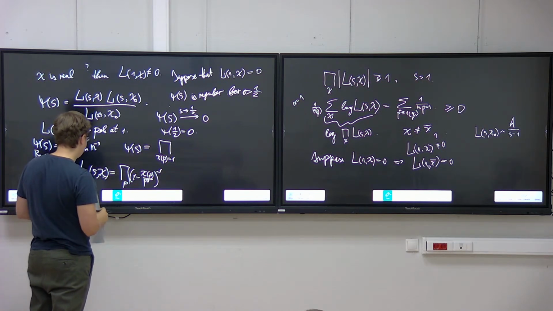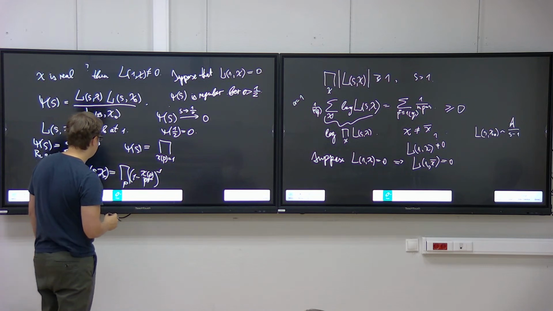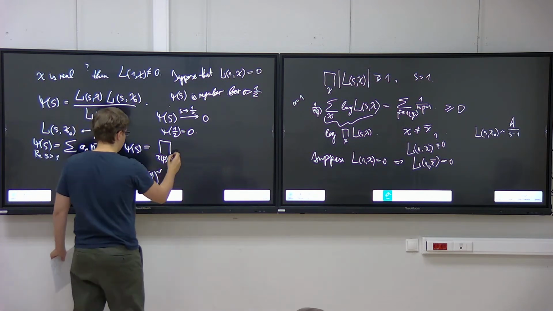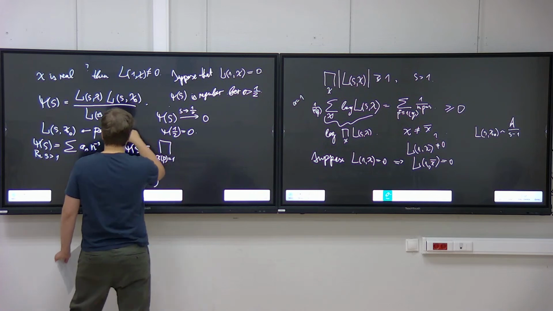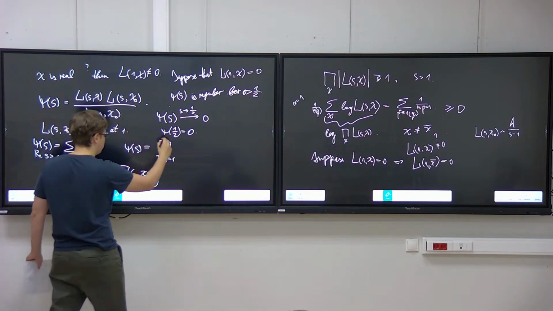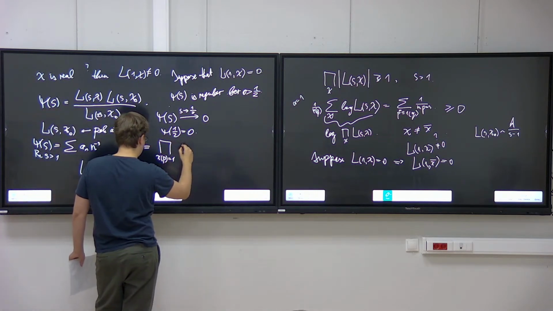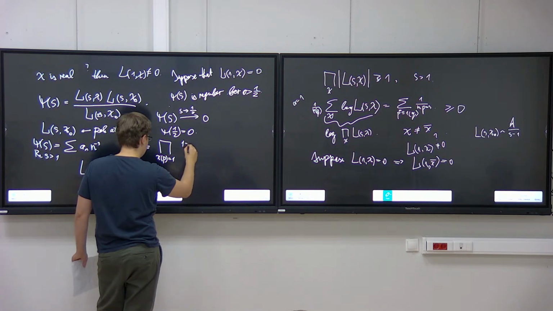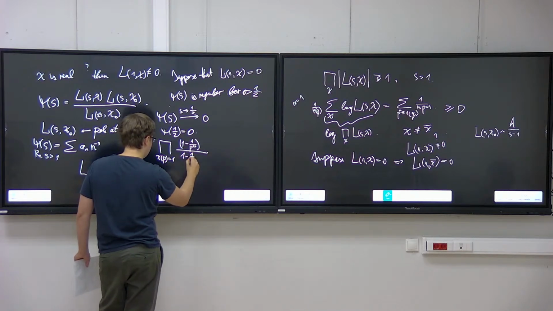Тогда chi ноль от p равно единице, а здесь будет 1 минус 1 делить на p в степени 2s. 1 минус 1 на p в степени 2s, правильно?